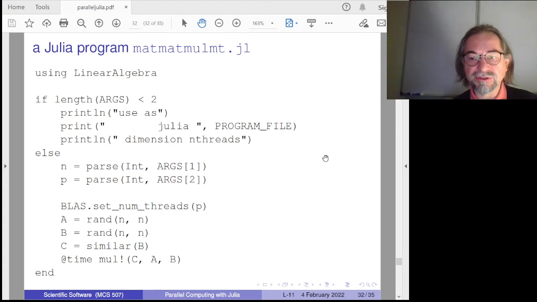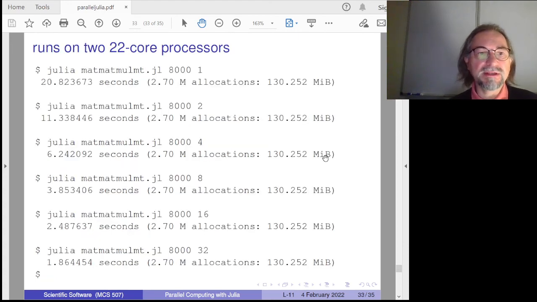So this is essentially a benchmarking program. But again, to indicate that you have to do this on sufficiently large matrices. So here I did this on matrices of size 8,000. So multiplying two random matrices of dimension 8,000 with one thread takes 20 seconds. If you can use 32 threads, then this has dropped to less than 2 seconds.